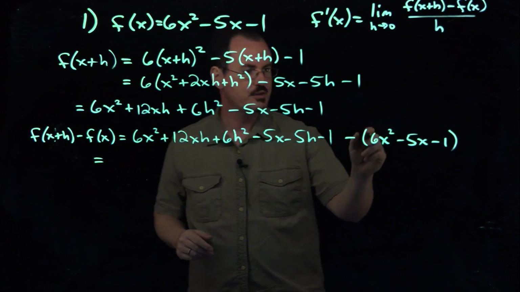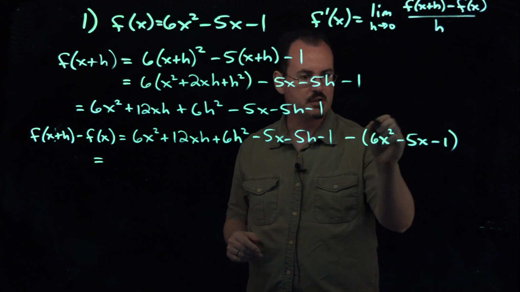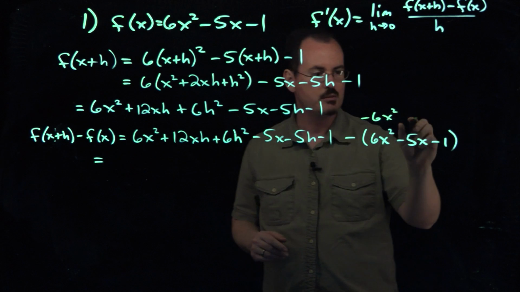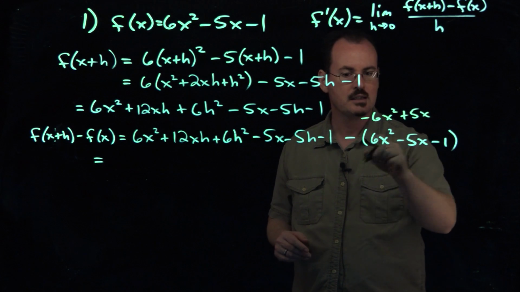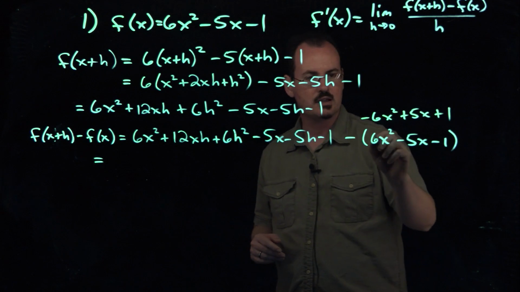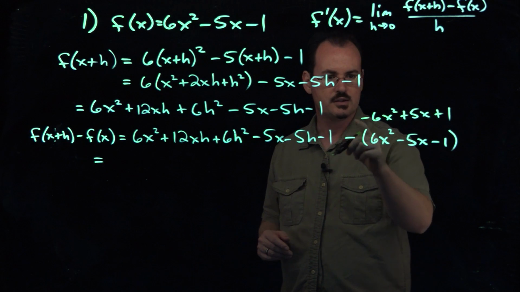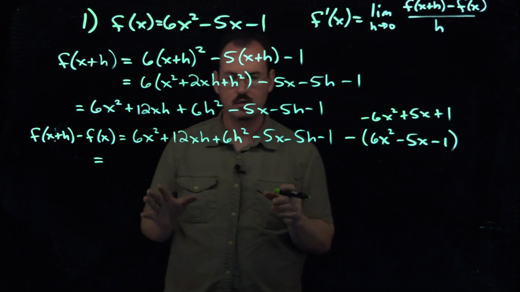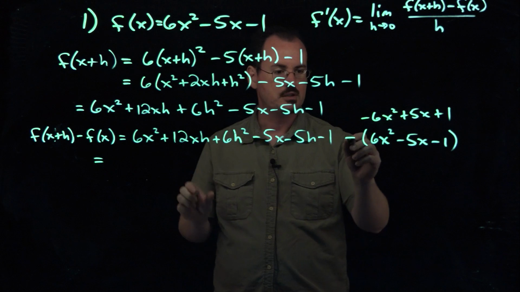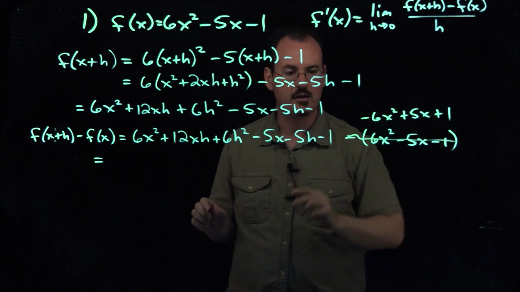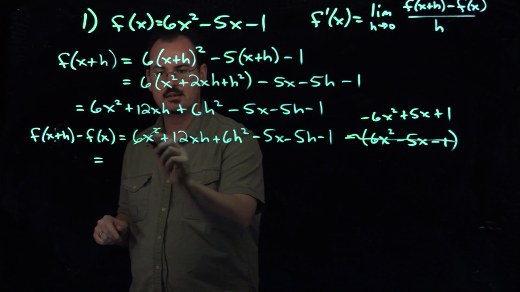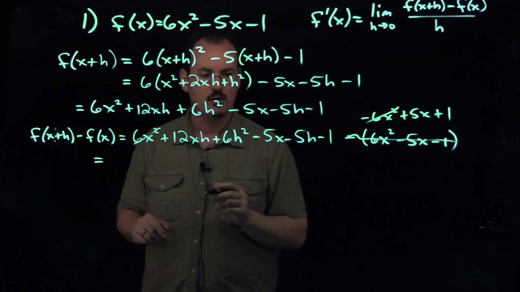If you distribute that, I'm going to write above it what we get when we distribute the minus. This is going to be minus 6x squared. If I distribute the minus there, I'm going to get plus 5x, and then there, I'm going to get plus 1. Okay, so let's say we've simplified that, and then let's cancel out our like terms. So 6x squared minus 6x squared, those are going to cancel. What else is going to cancel?